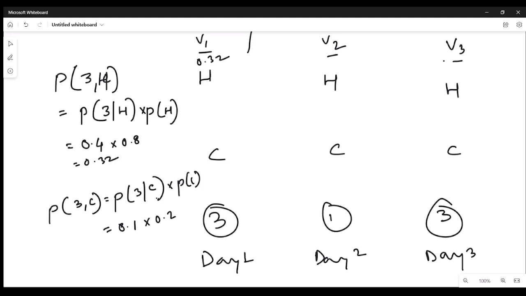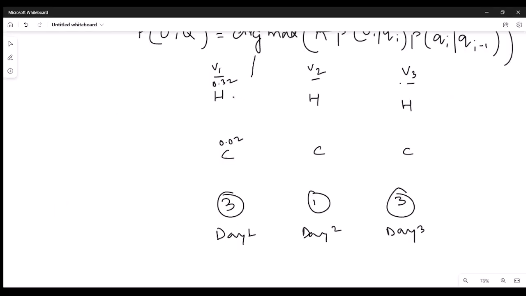Provided the weather is cold, the individual has eaten 3 ice creams, and this emission probability is 0.1, and the initial probability of being cold, that day 1 will start from cold, has been given as 0.2. So 0.1 into 0.2 is 0.02. So here we can write this as 0.02. Now V1 for H and V1 for C have been calculated as 0.32 and 0.02.